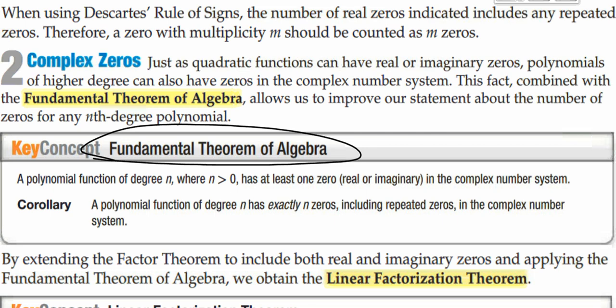And another thing to know is that our complex zeros come in conjugate pairs. Do you remember what conjugate pairs are? 5 plus 2i, 5 minus 2i. And think about that whole quadratic formula. x equals -b plus or minus the square root of blah, blah, blah, all over 2a.